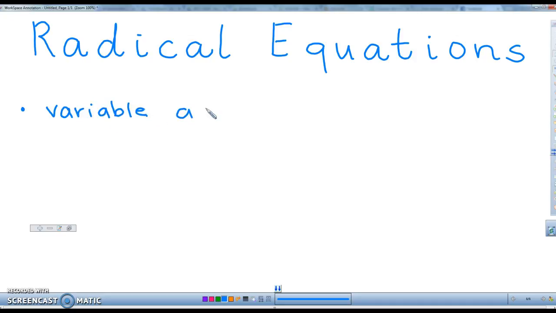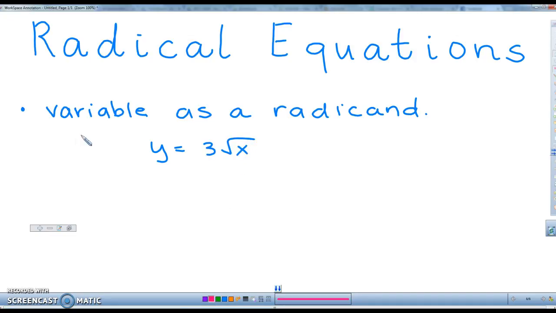as the radicand. Okay, so what that would look like is, let's say I have y equal to 3 radical x. And the idea is that, remember how we said we didn't really like radicals in denominators because they're hard to work with?